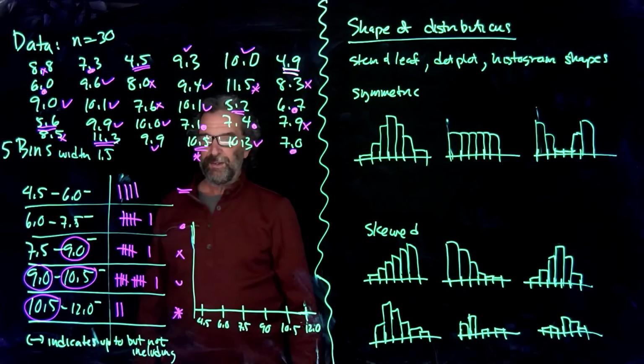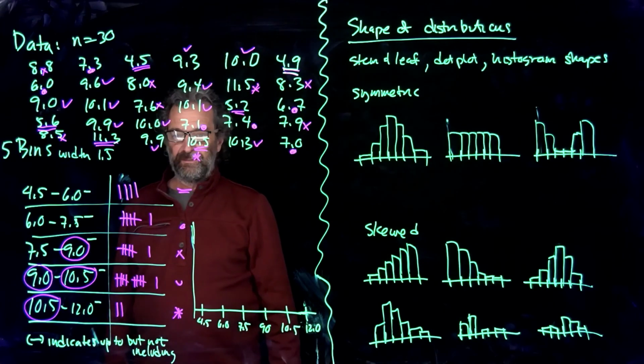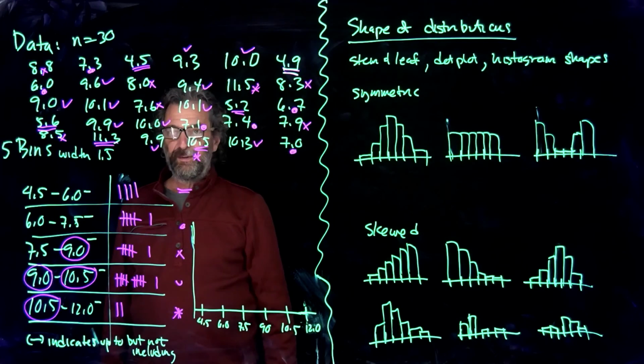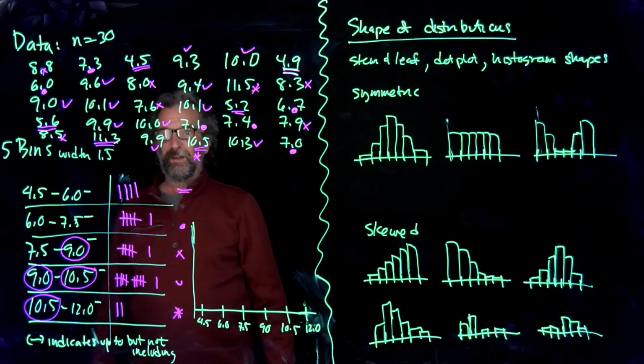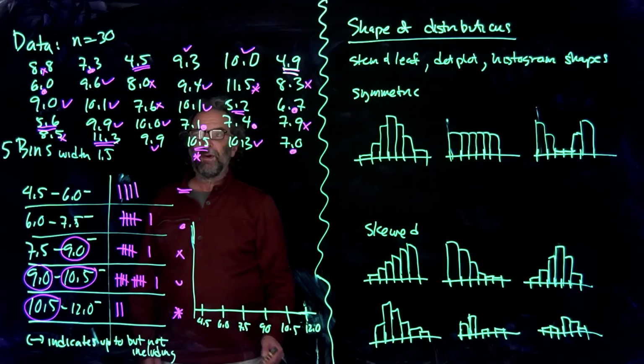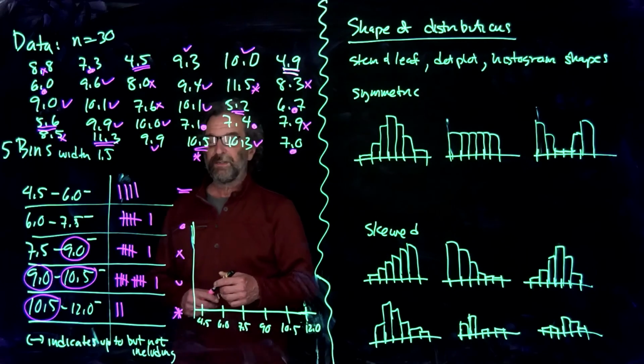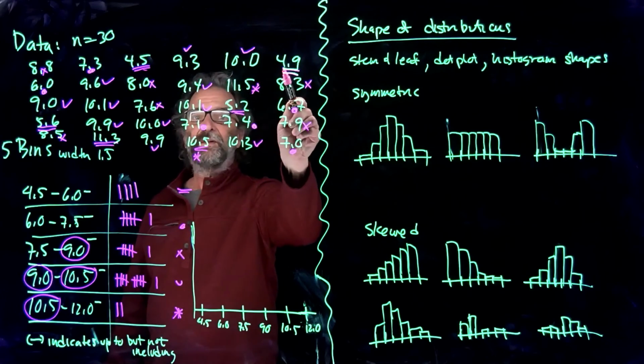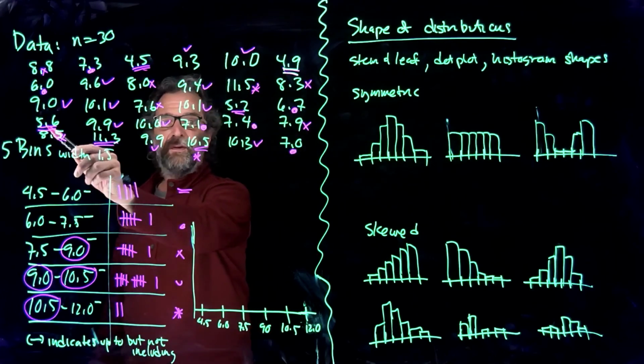If I want to be really serious about it, there's supposed to be 30 values. I don't see 30 check marks. I'm missing one. Oh my. Okay, so first make sure everything's marked. Okay, so the double underlines. 1, 2, 3, 4.